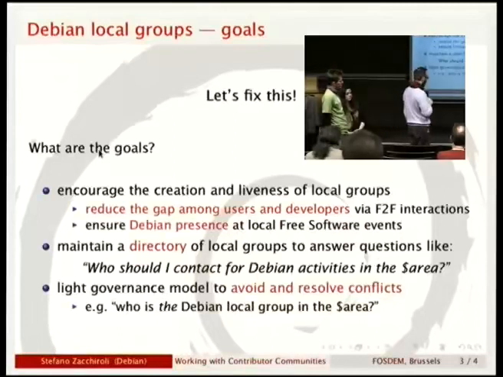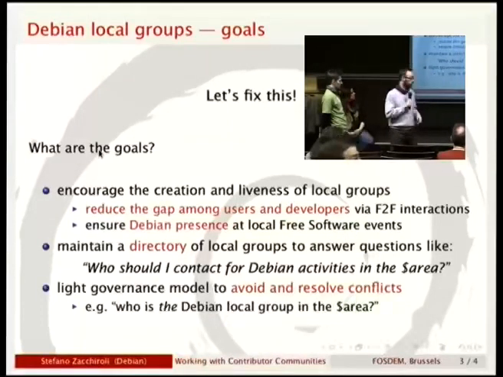And what are the goals of the groups for us? First of all, reduce the gap between users and developers. There is a sort of chasm between simple users and developers, and it's fairly difficult to pass from user to developer. We believe that local groups that can meet face-to-face can be a good way to make it easier to cross the chasm from users to developers.